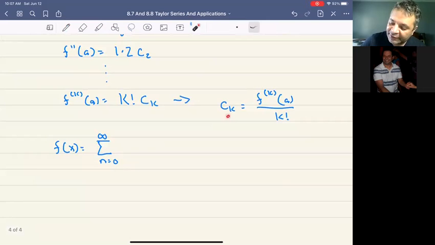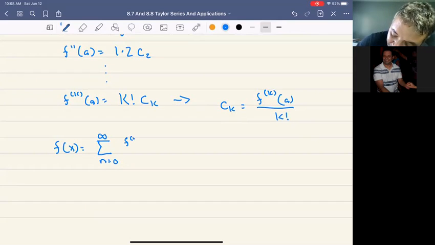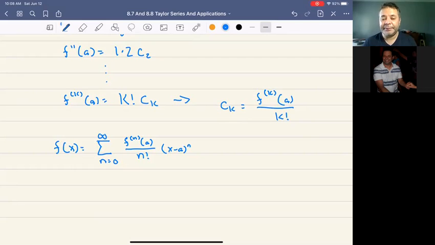I have to change the k's here to n's. So it's going to be the nth derivative taken at a over n factorial times (x minus a) to the n. Okay, so this is the definition of the Taylor series.